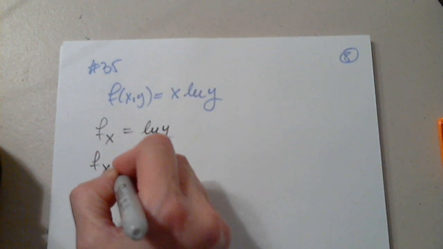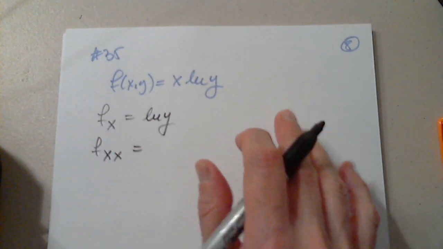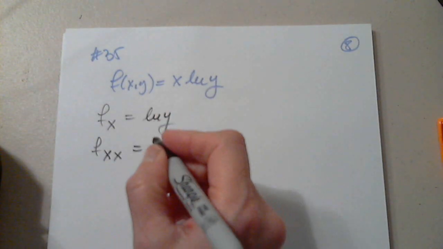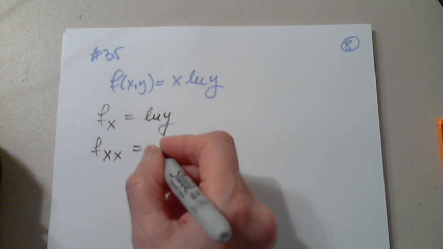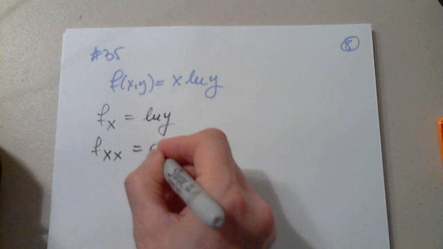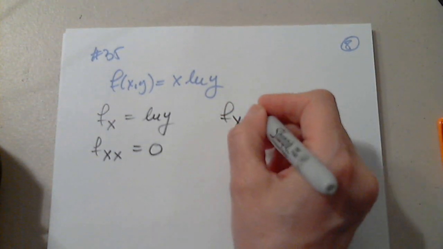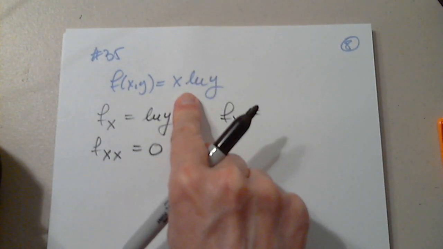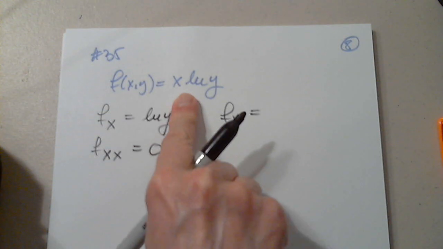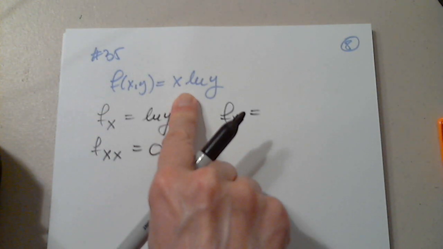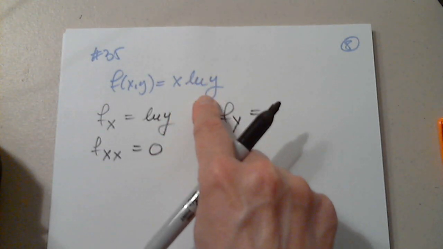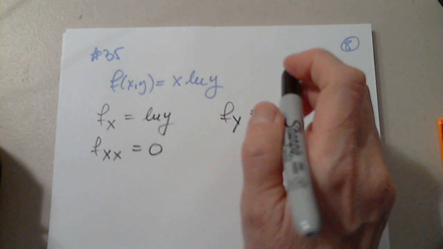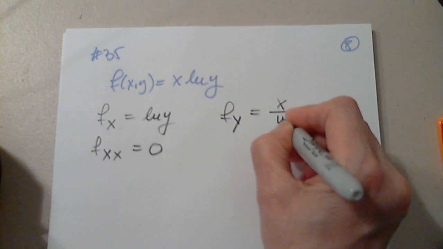Now I want to find fxx, since I'm here. We want to differentiate this with respect to x. 0. Excellent. We want to differentiate now with respect to y only. Just x. What is the derivative of natural log? Oh, 1 over y. Yes, so it will be x over y.